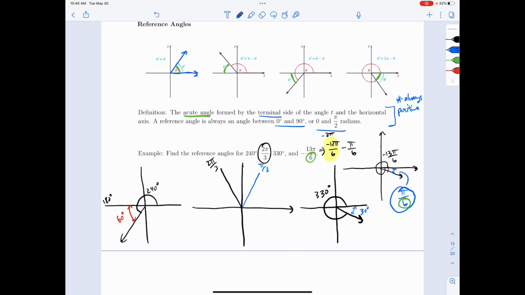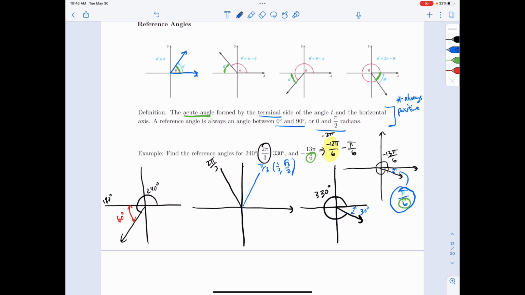So the coordinates for pi over 3 are 1/2 for x, root 3 over 2. Now 2 pi over 3 has the reference angle pi over 3, so the coordinates for 2 pi over 3 are the same as what's in the first quadrant. The only difference is that the signs might change depending on what quadrant I'm in.